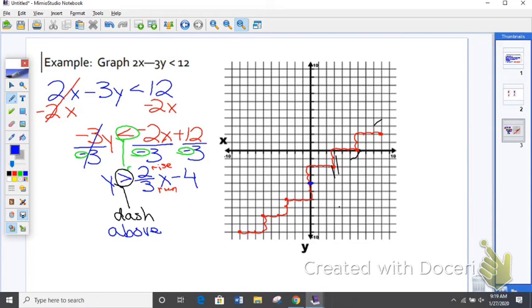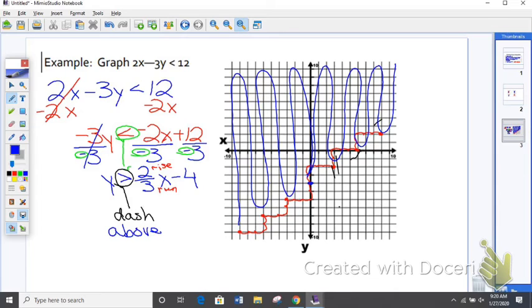So if I'm at my y-axis, where my point was on my y-axis, I want to go above that. So everywhere above my line is going to be shaded. So any point that is in the shaded area would make my inequality true.